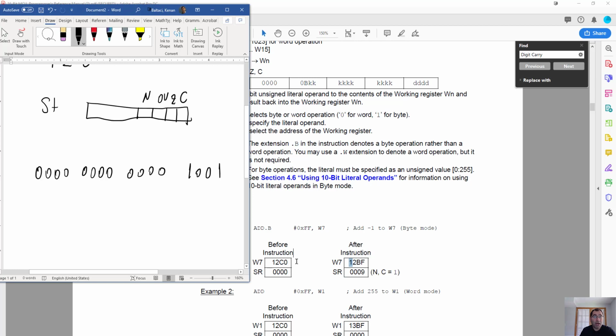Well, because this is a byte operation, and what we did was add.